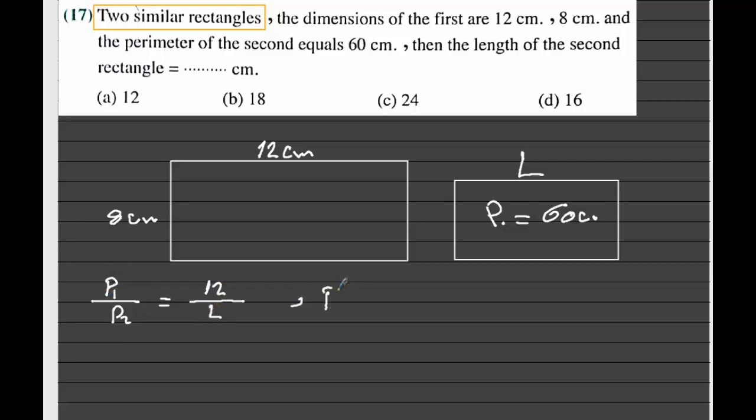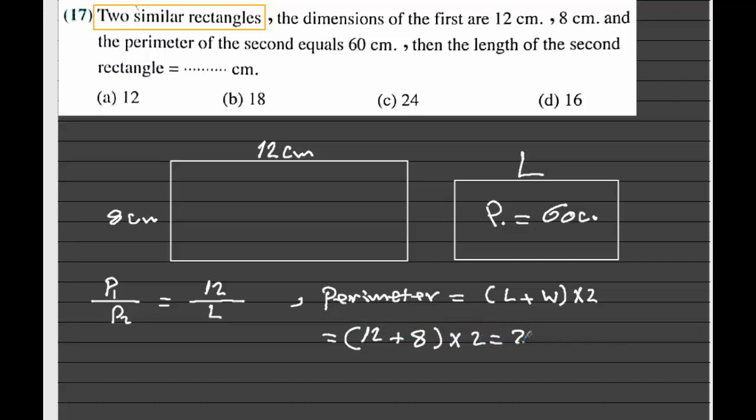We know that the perimeter of the rectangle equals length plus width all multiplied by 2. So the length is 12 plus 8 all multiplied by 2, which equals 20 multiplied by 2 equals 40 centimeters. So P1 here equals 40 centimeters.